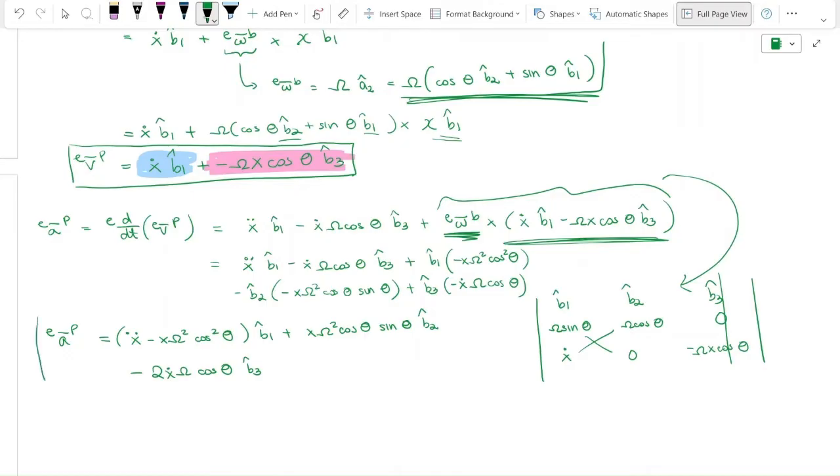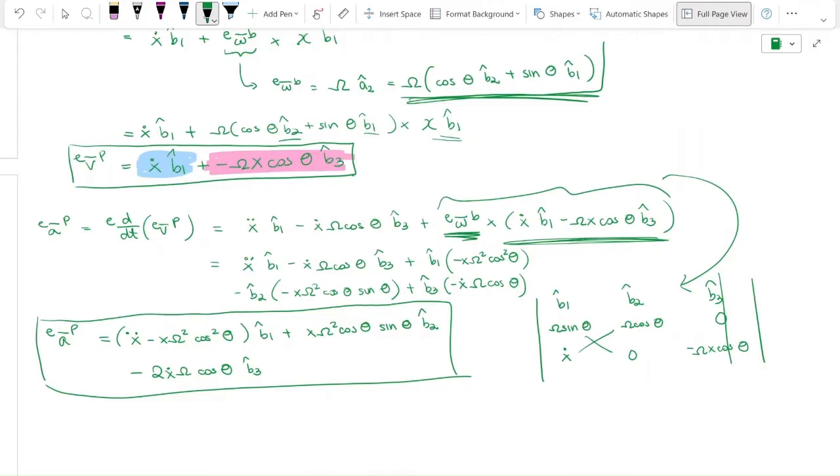And this is the acceleration of point P with respect to the E frame in terms of the B frame. Let me just check real quick with the answer key to make sure I'm on the right track. Yep, so this is correct.